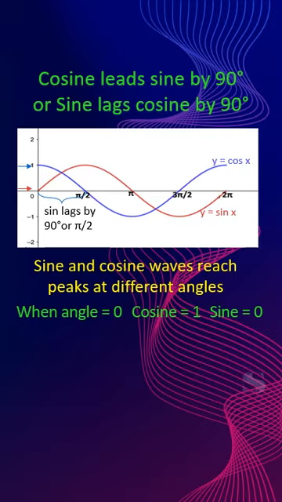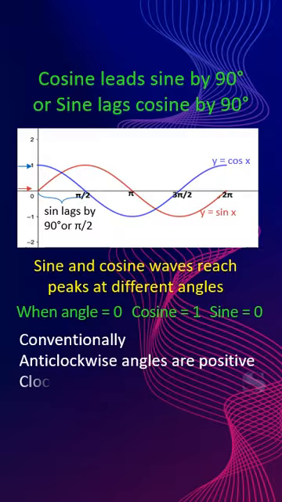A part of this is due to mathematical convention. Movement to the left, negative x direction, is seen as decreasing. That's why the cosine curve drops from 1 to negative 1 as the angle moves from 0 to pi radians. Also, angle direction matters. As per convention, anti-clockwise rotation is considered positive, while clockwise is negative.